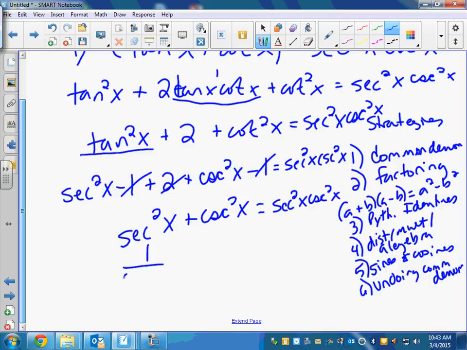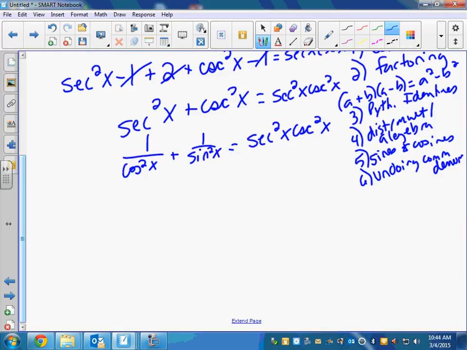So this would be 1 over cosine squared plus 1 over sine squared, right? We're almost there. My advice is do the other part of the test and come back to it. But the common denominator would be cosine squared times sine squared. And you just have to flip them around, right? So this would become sine squared plus cosine squared.